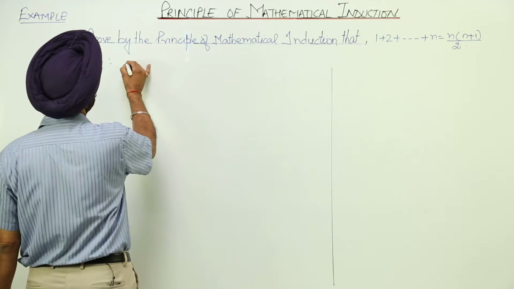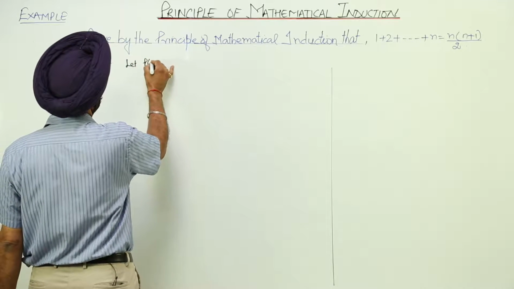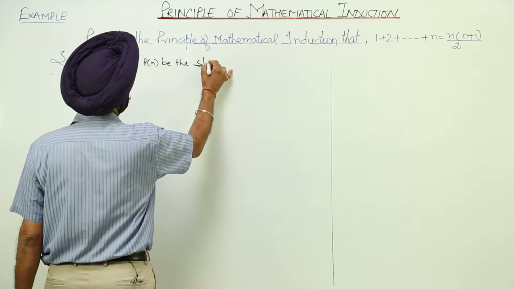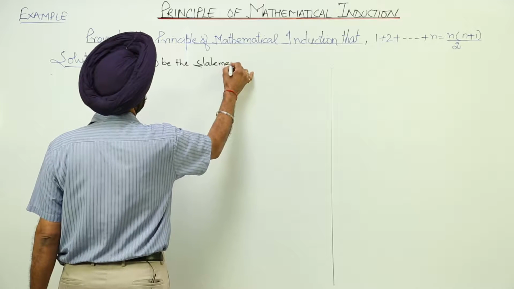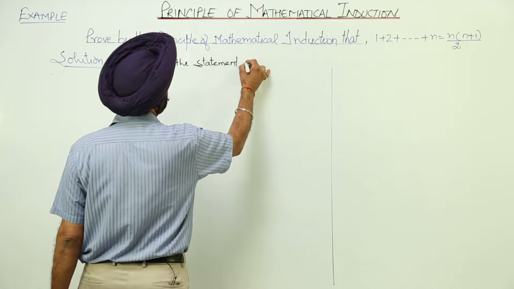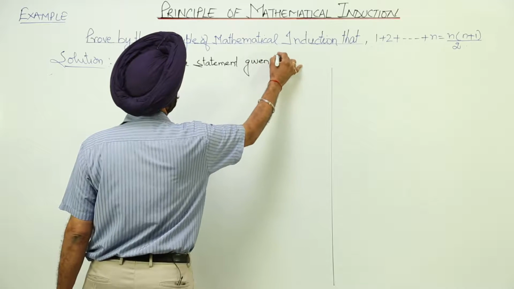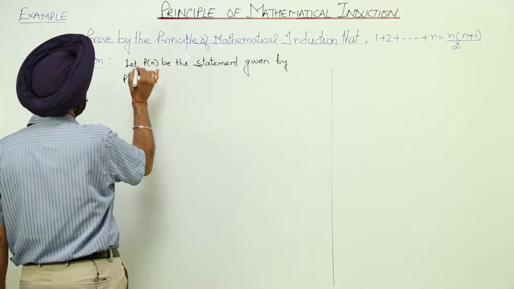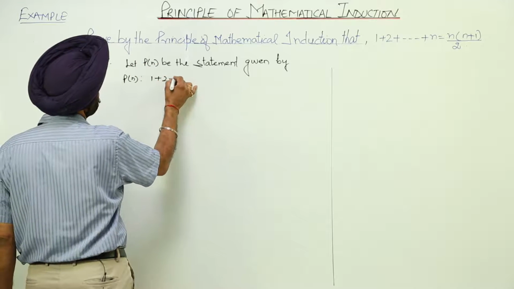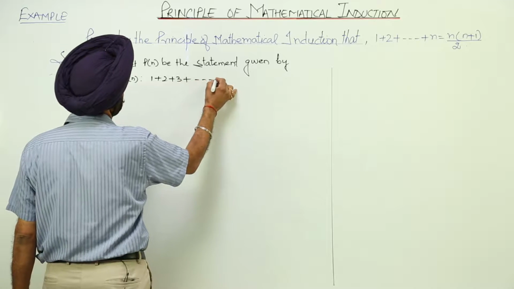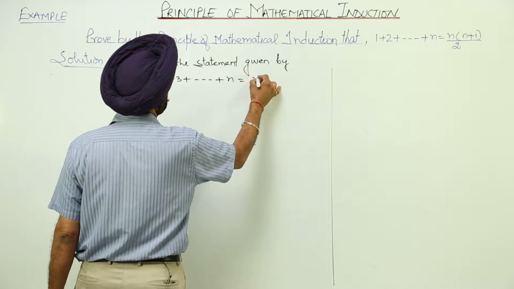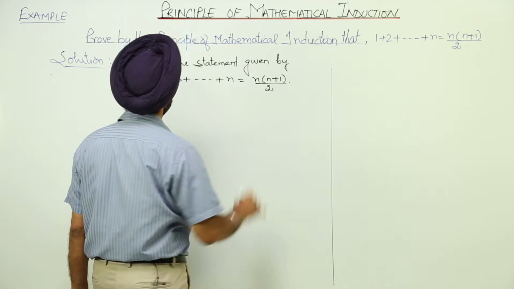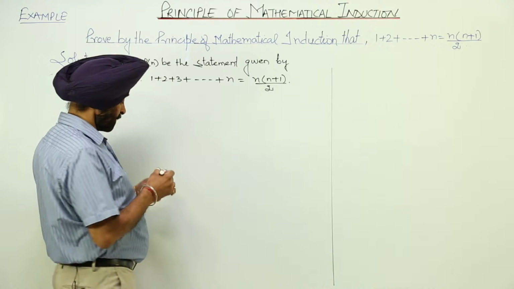Now, just look, let Pn be the statement given by: Pn is such that 1 plus 2 plus 3 plus ... plus n is equal to n times (n plus 1) upon 2.